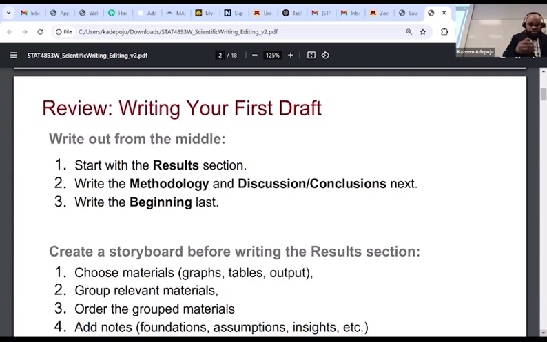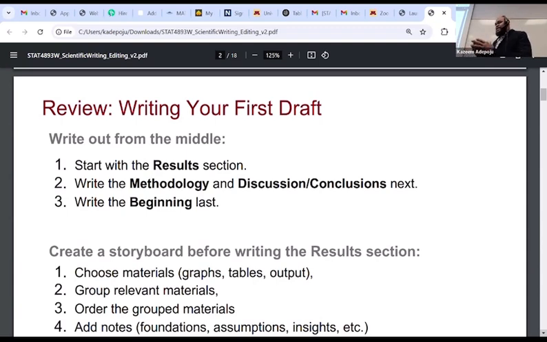Another benefit is that it prevents what I call bias and overstatement, because the audience will have the opportunity to see what you base your conclusion, your interpretation, and your discussion on.